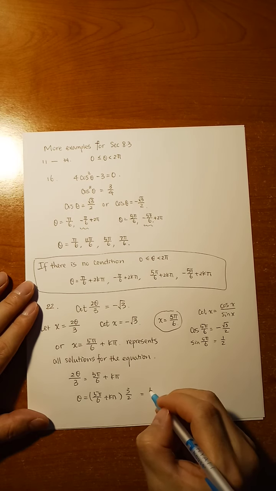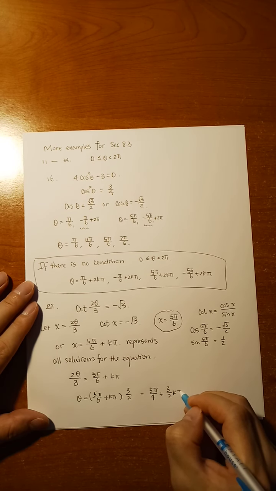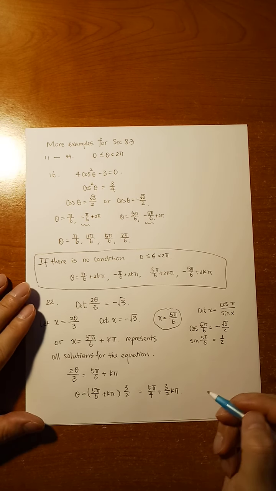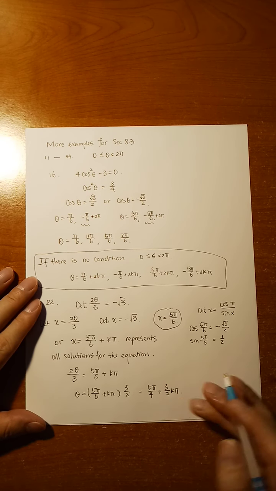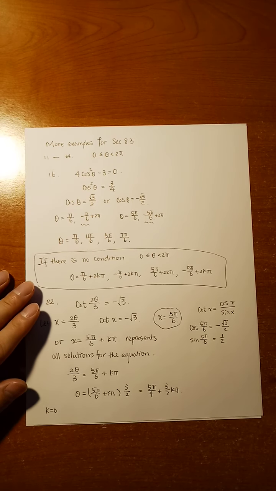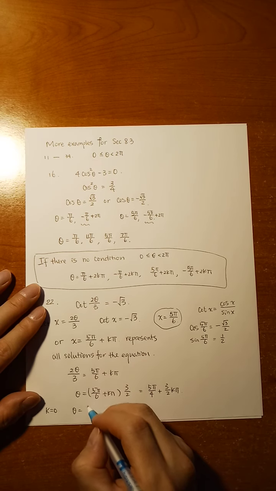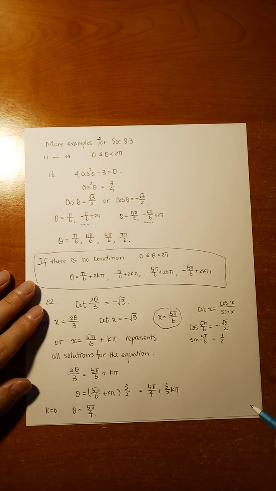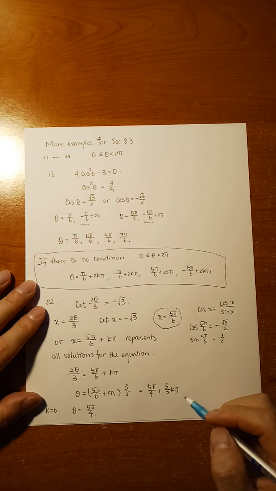It becomes 5 pi over 4 plus 3 over 2 k pi. Let's check one by one. If k is 0, then theta is 5 pi over 4. It's inside the range 0 to 2 pi.